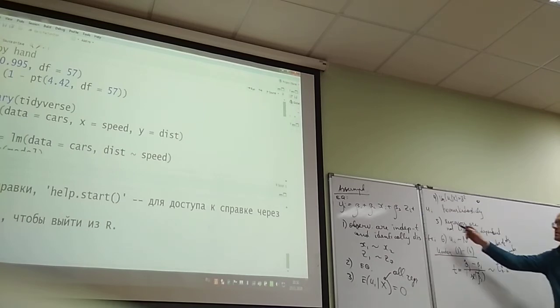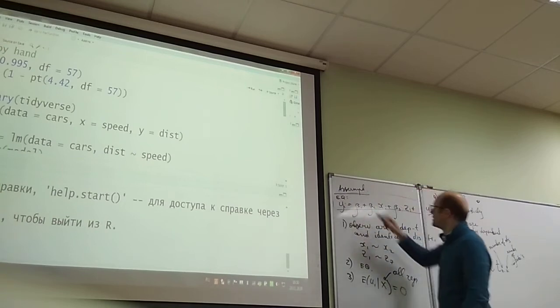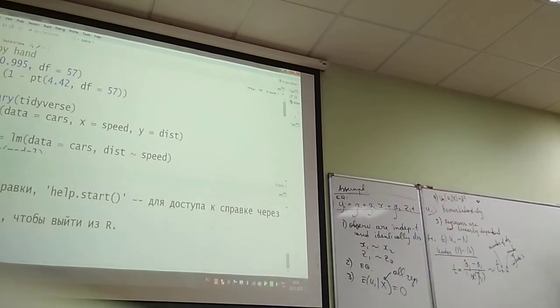So in my example, for this particular equation, k equals 3.